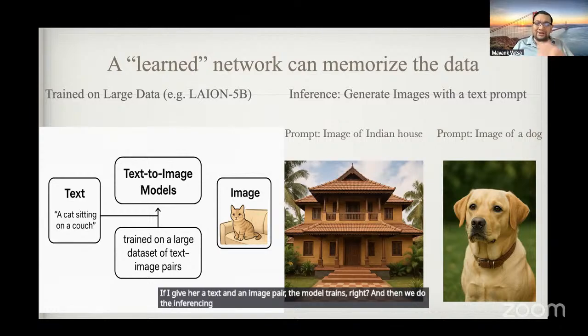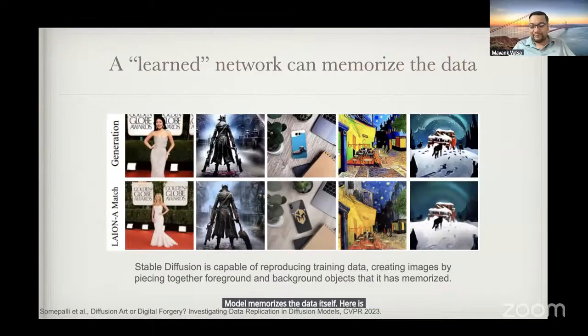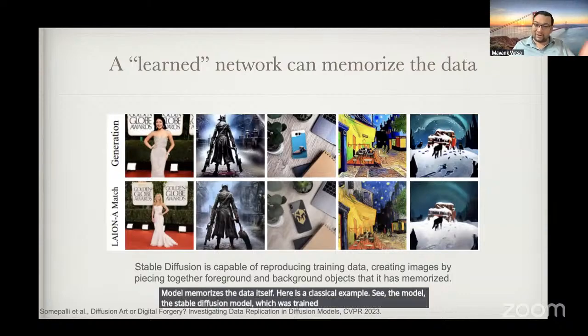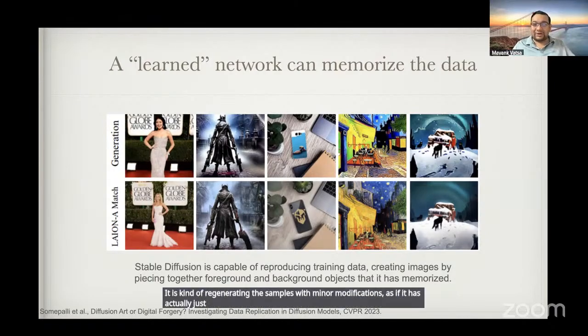What happens in this context is that the model memorizes the data itself. Here is a classical example. The Stable Diffusion model, which was trained on the LAION dataset, when I give prompts related to the dataset itself, is regenerating the samples with minor modifications, as if it has just memorized the data.